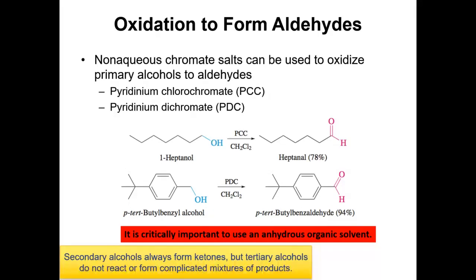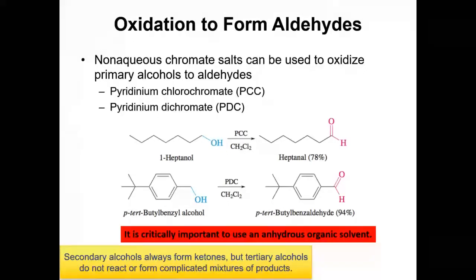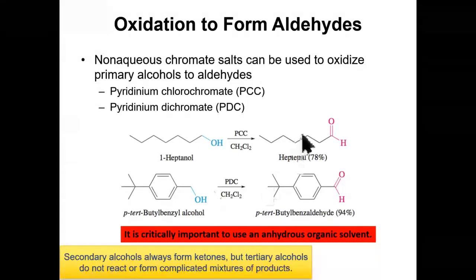We will revisit the reason in chapter 18, but for the time being, please just memorize it. We will fully understand in chapter 18 why we need a completely anhydrous system if you want to oxidize the primary alcohol into aldehyde.